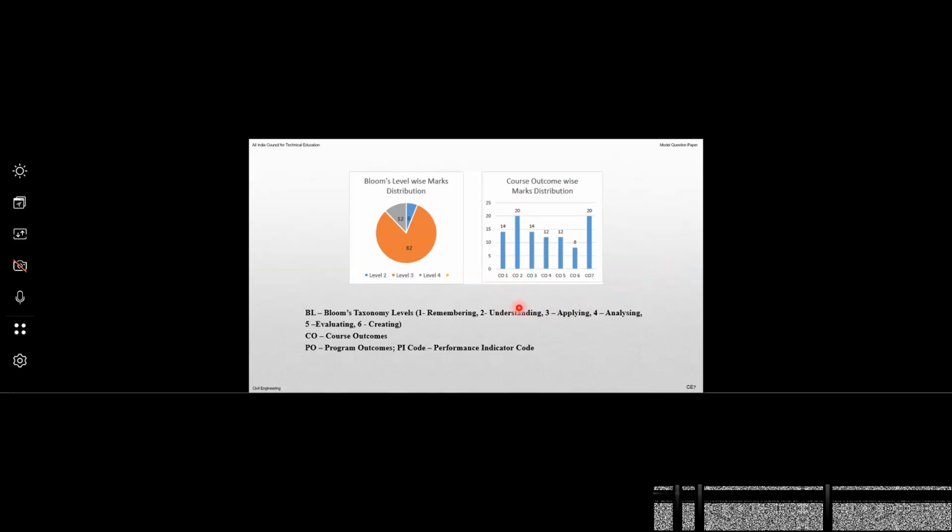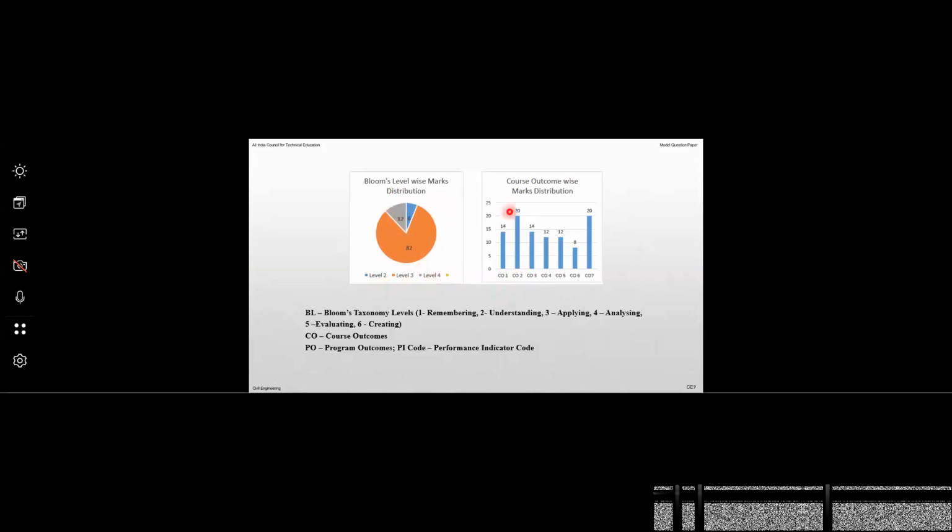So, in your class, suppose if you have 120 students or 60 students, for the questions related to course outcome 1, we need to calculate all of their marks, and then take the average. Okay, and this is the marks distribution. There, see, 6% of the students have scored level 2 questions and 82% level 3 and 20% of students have attempted level 4 questions.